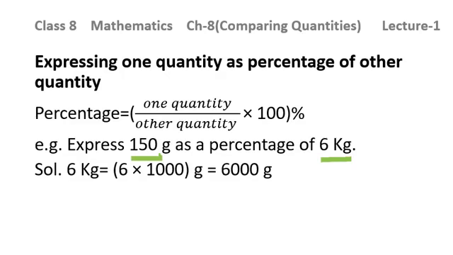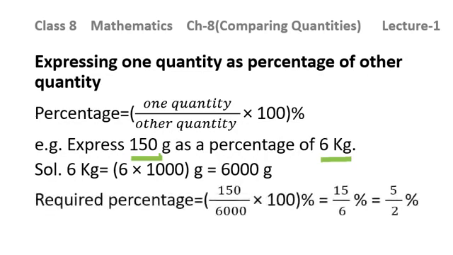So 6 kilograms is equal to 6 into 1000 grams, that will be 6000 grams. The required percentage is 150 over 6000 into 100%.